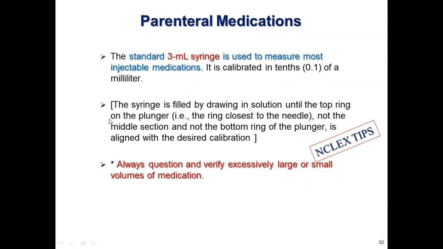NCLEX note: always question and verify. If we see any dosage that is excessively more or very little in relation to the patient's age and body mass, it is better to hold and contact the healthcare provider.